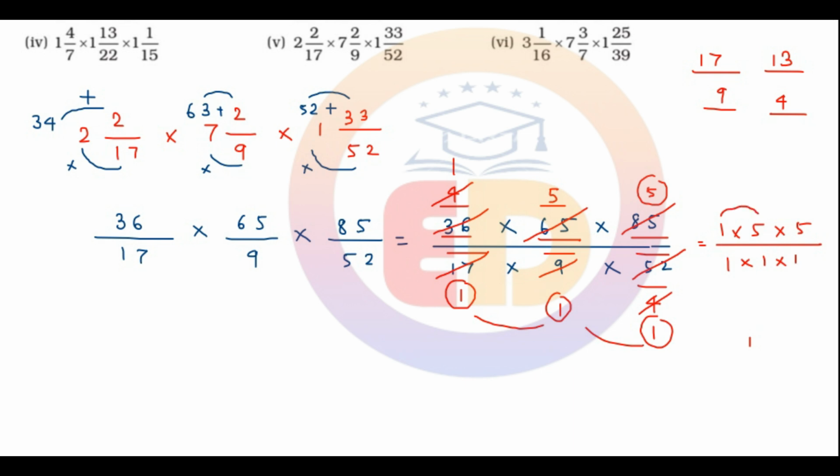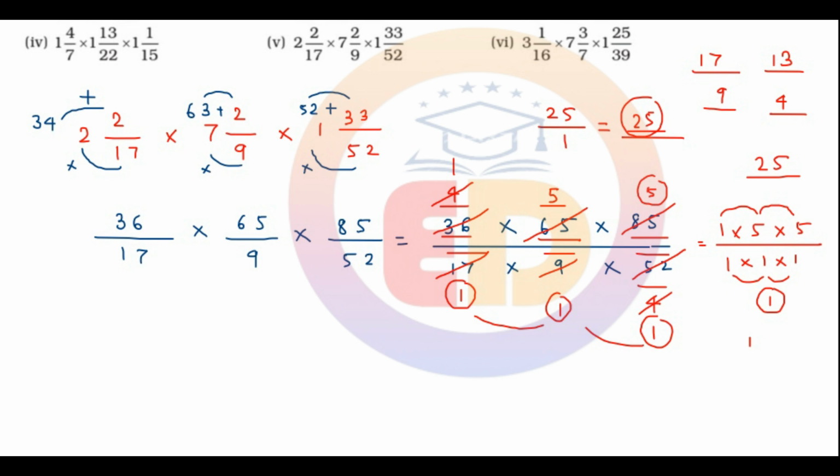Numerator 1 into 5 is 5, 5 into 5 is 25 is the numerator value. Denominator 1 into 1 into 1 will give me 1. Our final answer, numerator 25, denominator 1, which is actually 25, because remember, in the denominator 1 has no value, because if you divide 25 by 1, we will get 25. So simply remove the 1 in the denominator. Our final answer is 25 here.